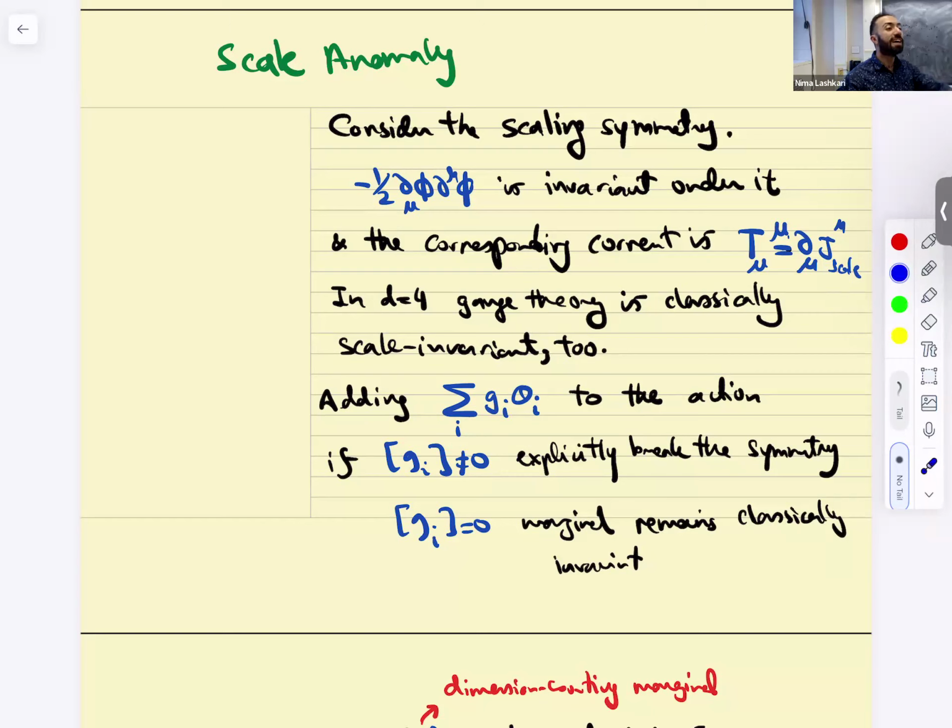This is a dimension-counting marginal deformation, a classical marginal deformation. Now, if it actually gets beta functions, if this scaling invariance is not respected quantum mechanically, which means that the beta functions of these are non-zero, that's nothing but the calculation of a scale anomaly. Good?